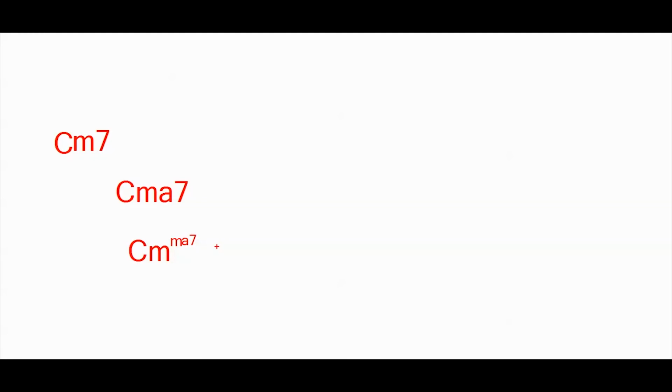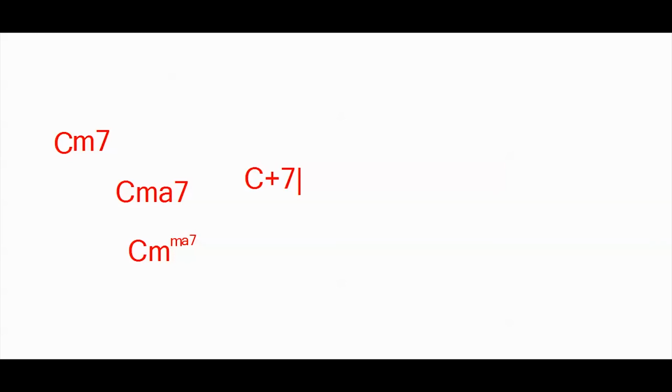Let's look at another example, also not terribly common, but just to say we did it. If I want to write a C augmented 7th chord, in other words, a C augmented chord with a minor 7, then I'm just going to do this.